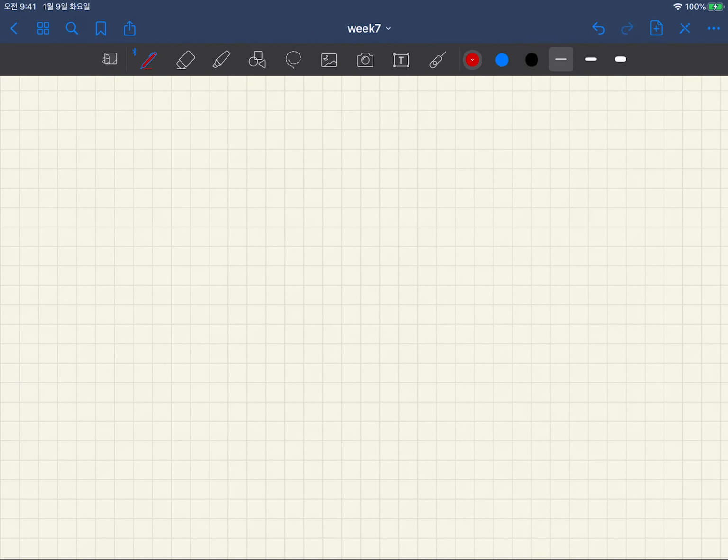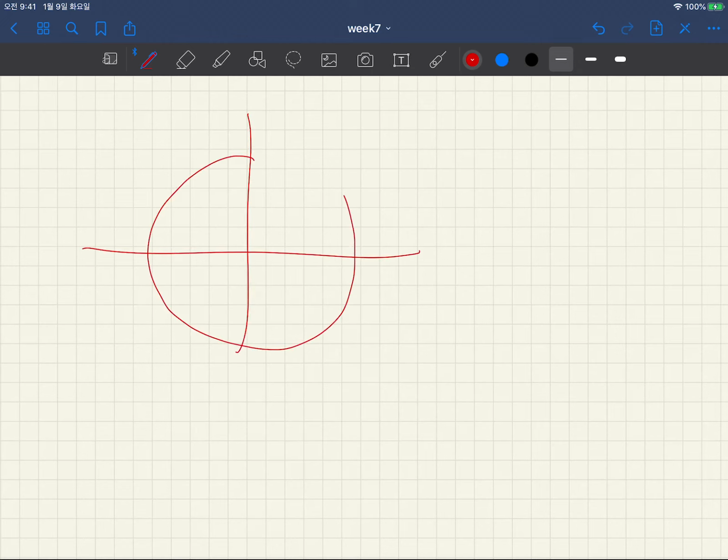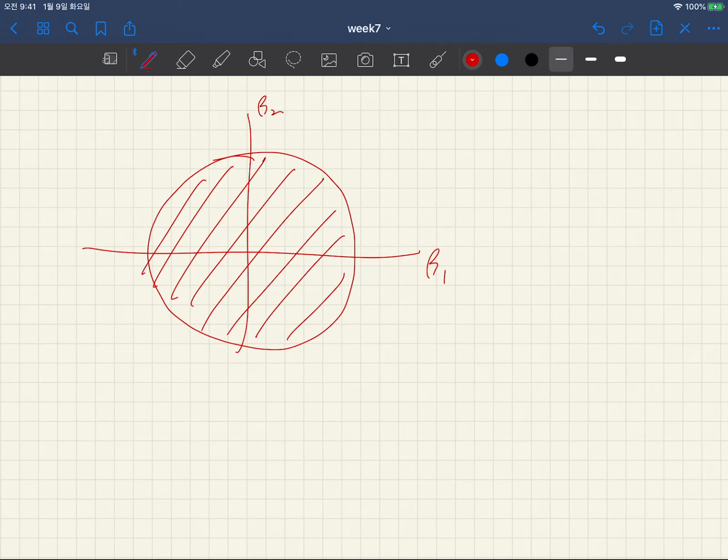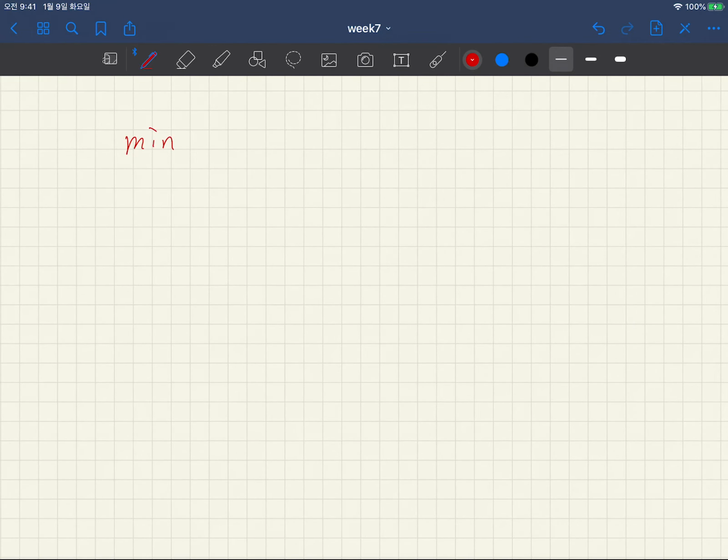Ridge regression means we have this constraint when you have beta 1 and beta 2 parameters. We only consider parameters inside this circle area, and among beta 1, beta 2 inside this area, you want to minimize RSS. Ridge regression is the same. We find the minimum solution for your parameters beta 0 to beta p and the RSS value, which is a function of beta.